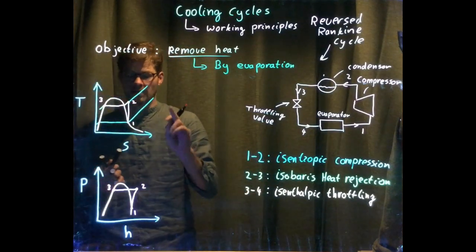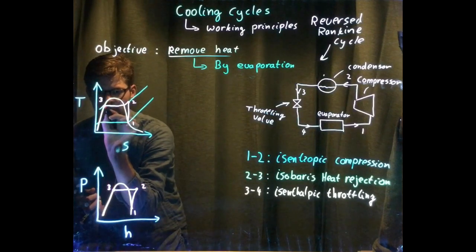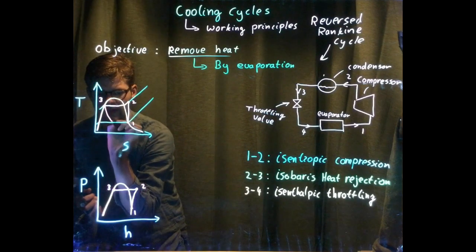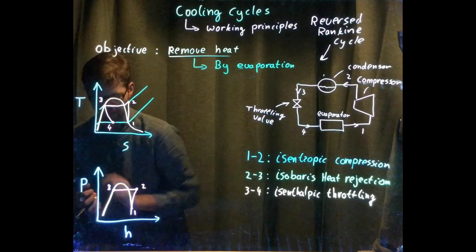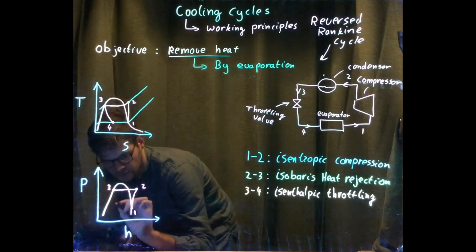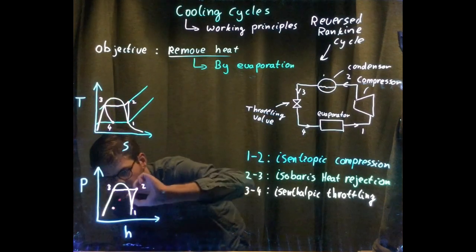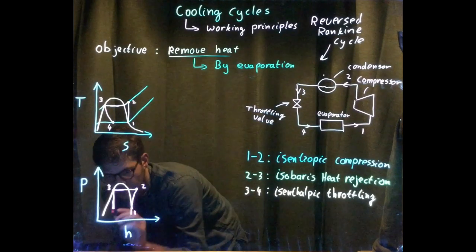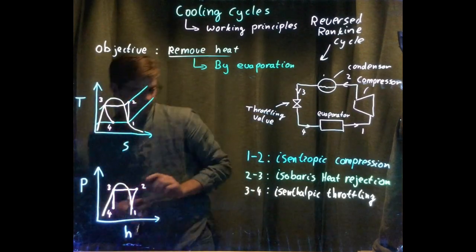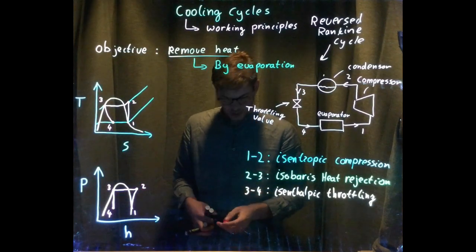So remember, constant enthalpy, but entropy increases, so it happens like this. 3 till 4. And over here we have a constant entropy, so we should end up here. So this looks like this. It's a straight line. 4. So throttling.